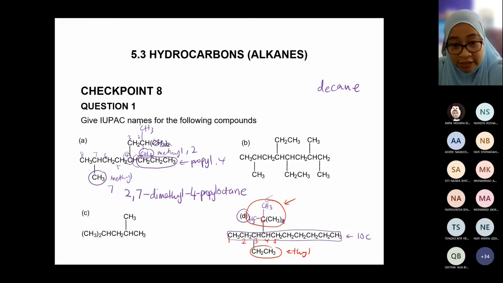Because this carbon is attached to another 3 carbon in the substituents, not including the parent. Kalau masuk parent dah jadi quaternary. That's why saya kata tak termasuk parent. Okay. So, this is tert-butyl, guys. This is a common name.